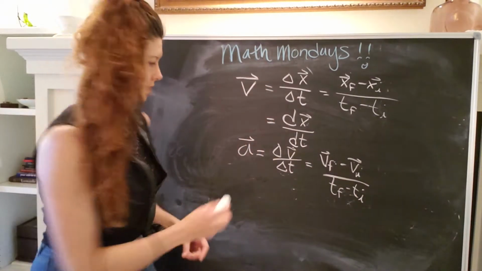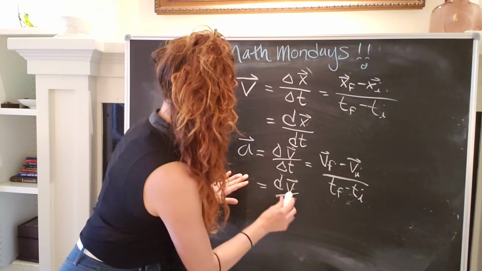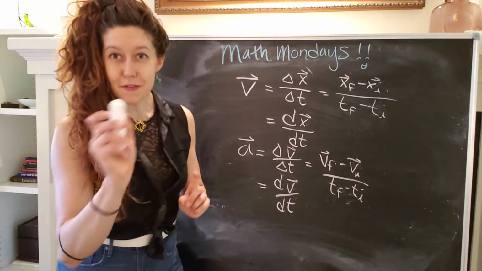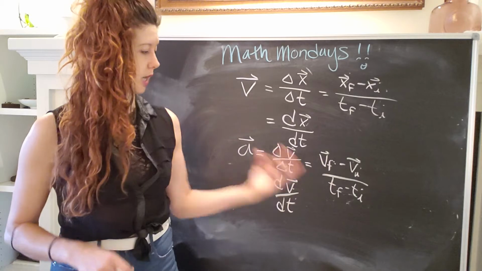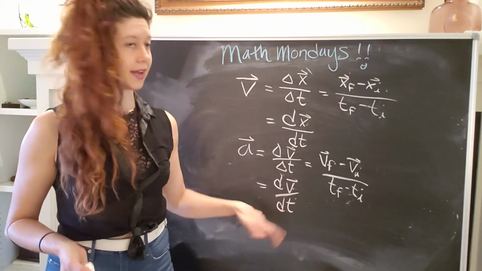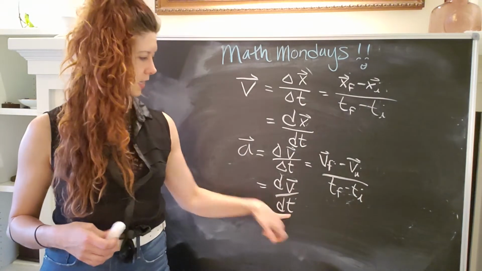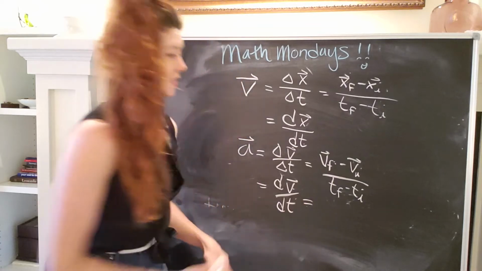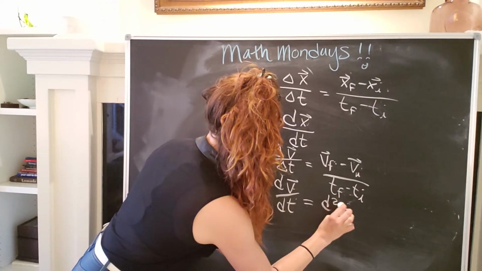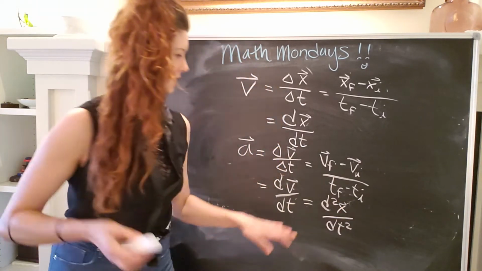And if we were to look at this in terms of calculus, we would just say, okay, well, it's the derivative of velocity with respect to time. So we are taking the derivative of velocity, and the variable we are taking the derivative with respect to is time. But you can also write this as the second derivative of position. So d squared x divided by dt squared. And again, that is a vector.